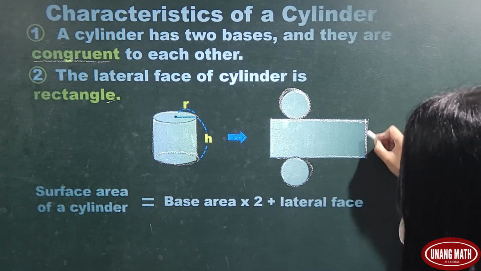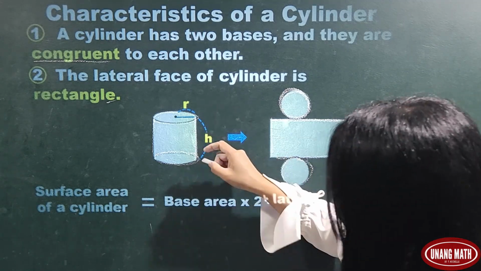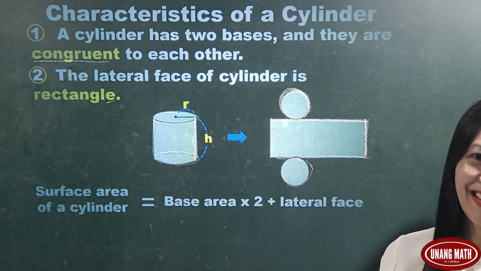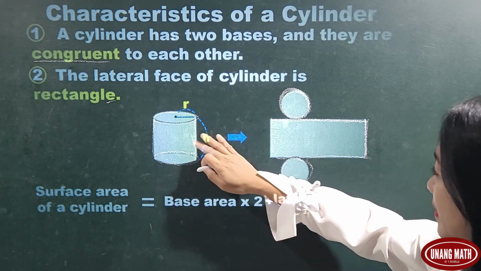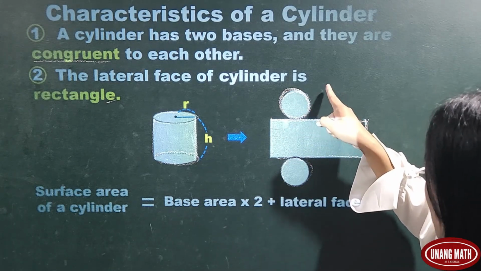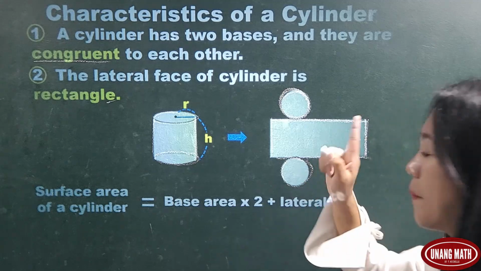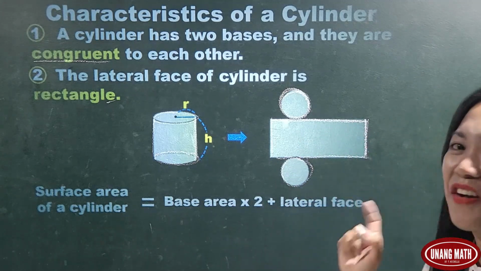And the width of this rectangle is equal to the height of this cylinder. So to find the surface area of a cylinder, we just have to get the area of one base, multiply it by 2, plus the area of the lateral face.